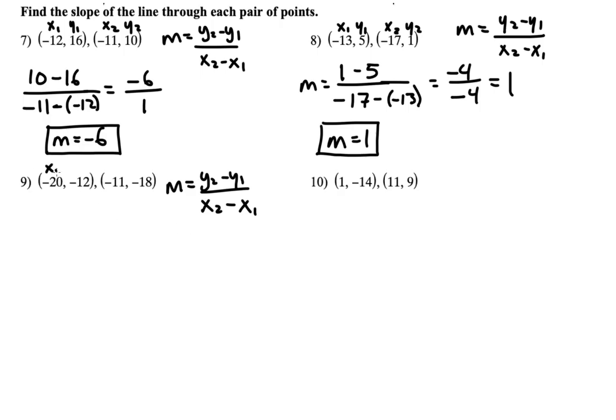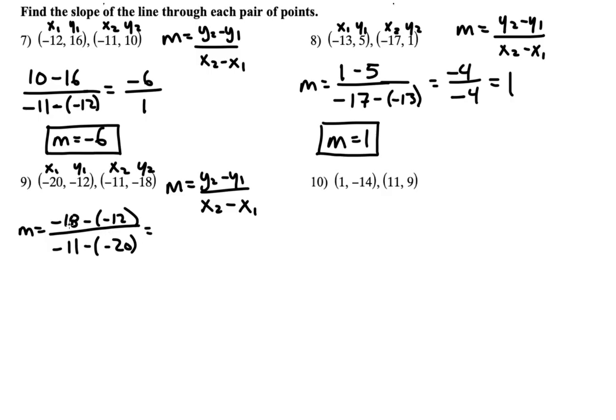And this is x1, y1, x2, y2. So I've got m is going to be equal to negative 18 minus negative 12. I'm going to put that whole thing over x2, negative 11, minus x1, which is negative 20.